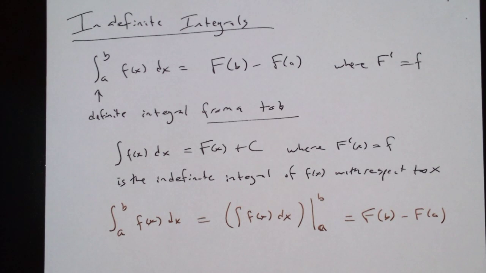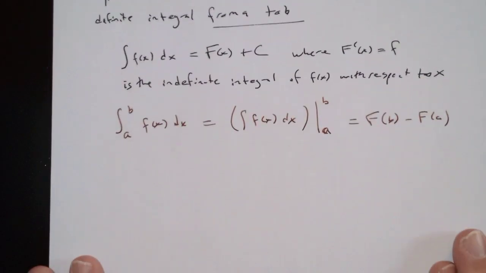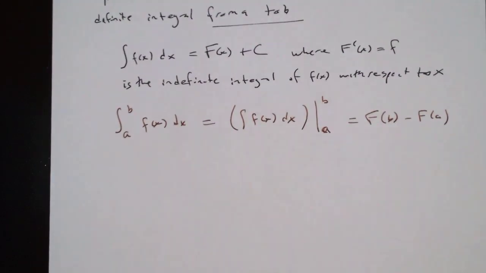And that means that a lot of what I am really doing when I integrate at all is finding antiderivatives. So I'm going to say that the best thing we can do is take our derivative rules and rewrite them in this language.